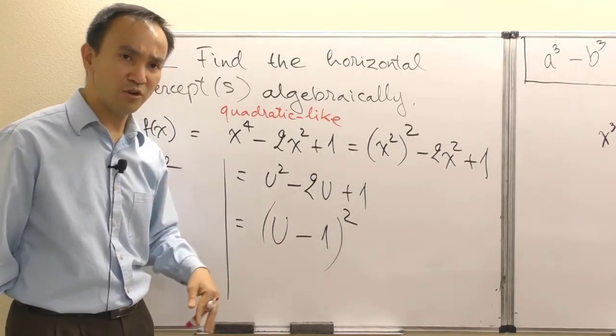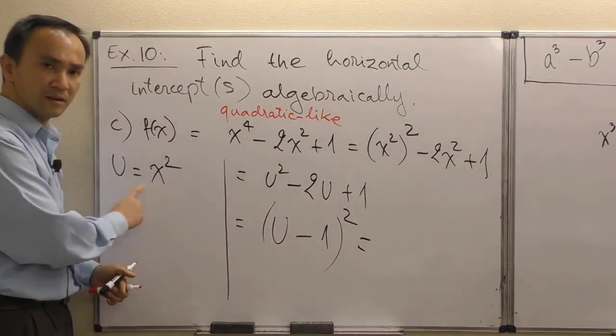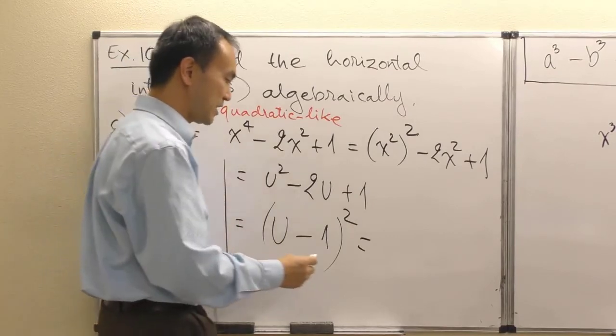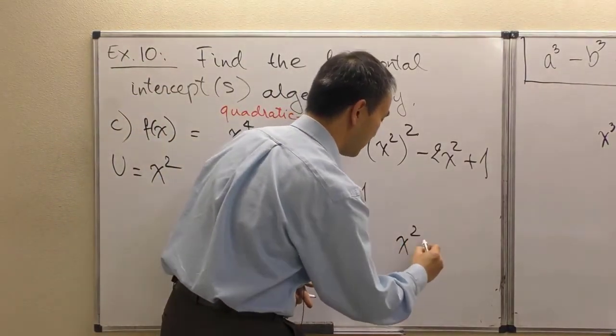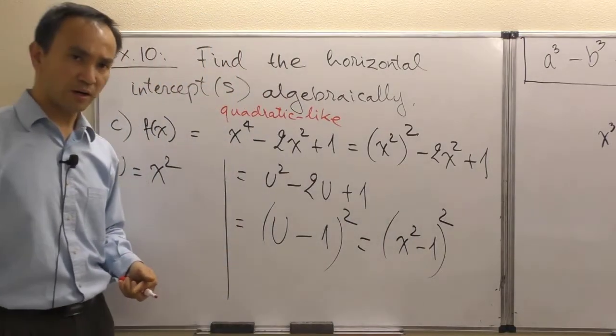So here's how we make our way back. u was a substitution for x squared. So that means we're looking at x squared minus 1, all squared.